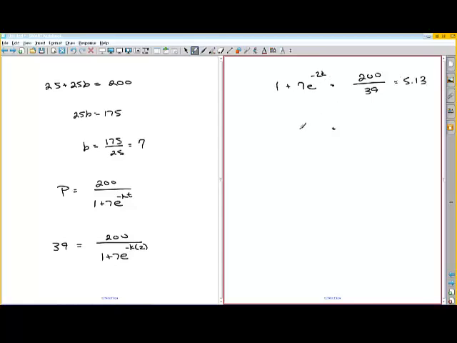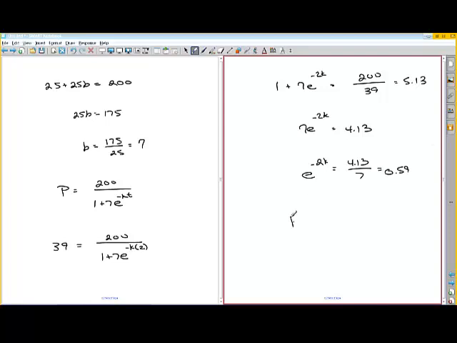If we subtract 1 from both sides to get just the exponential term by itself, we get 4.13, and then we divide both sides by 7. So we have 4.13 divided by 7, which is 0.59.